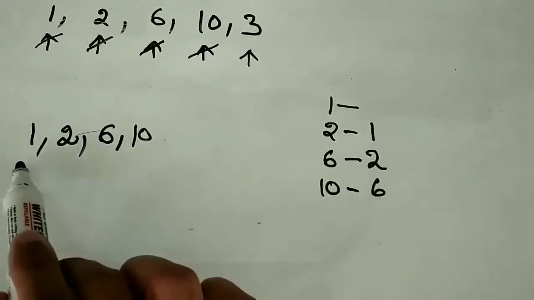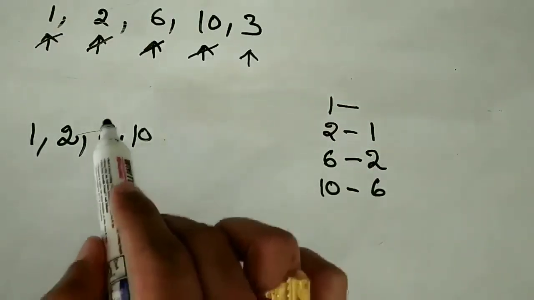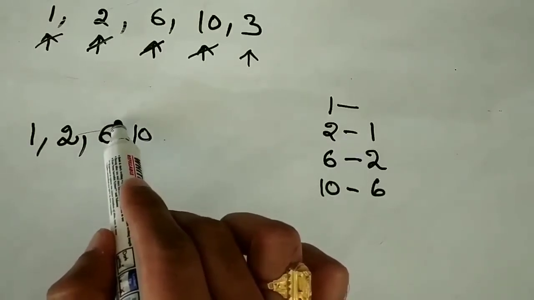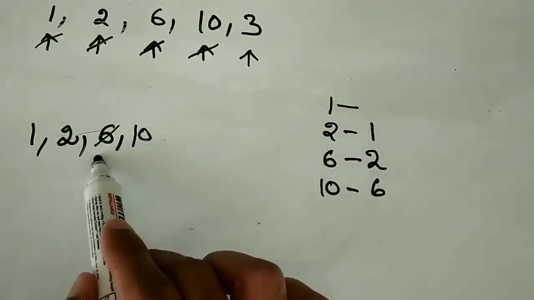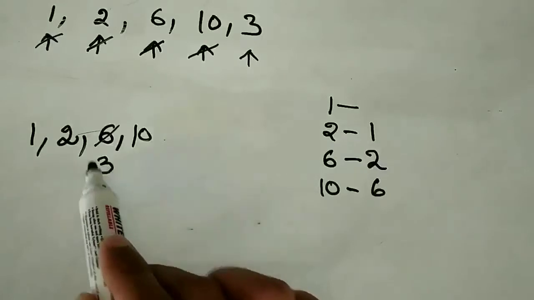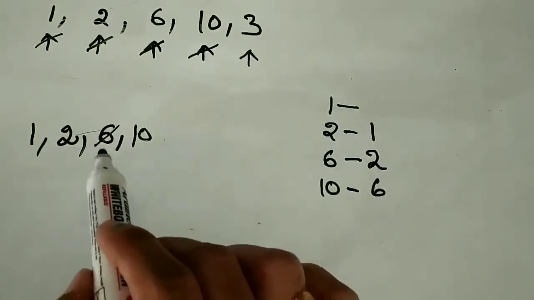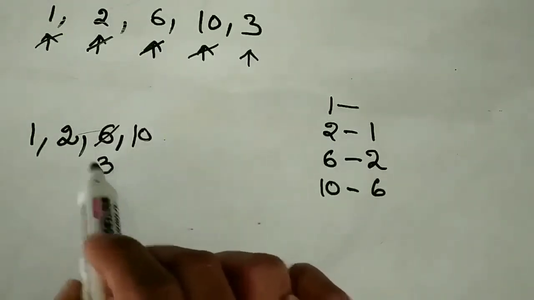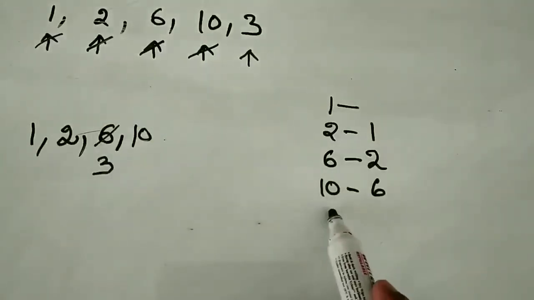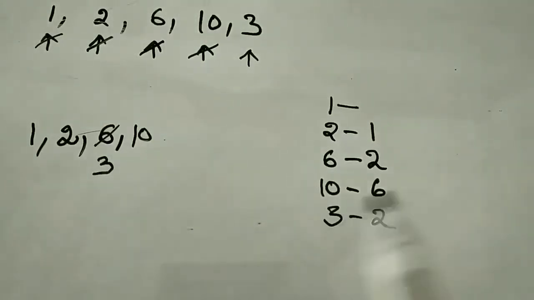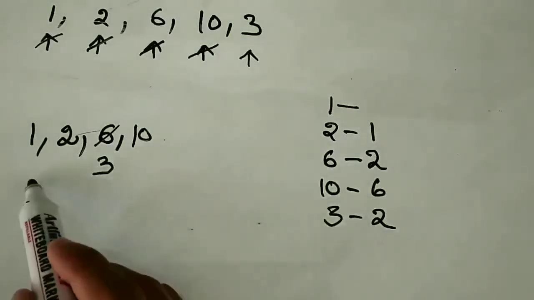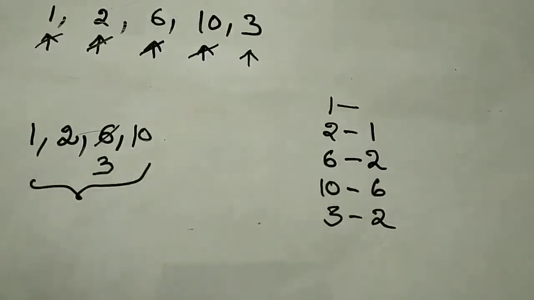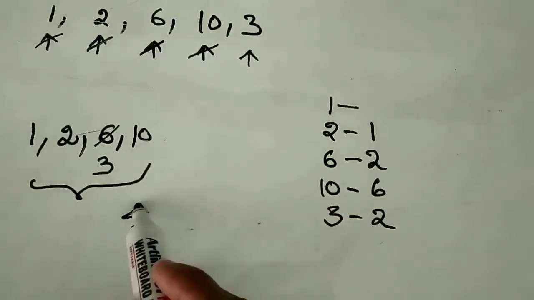I will identify the right position for 3, that is here. So I add 3 here, and 3 has come after 2, and in total the length of the longest increasing sequence for this array is 4.